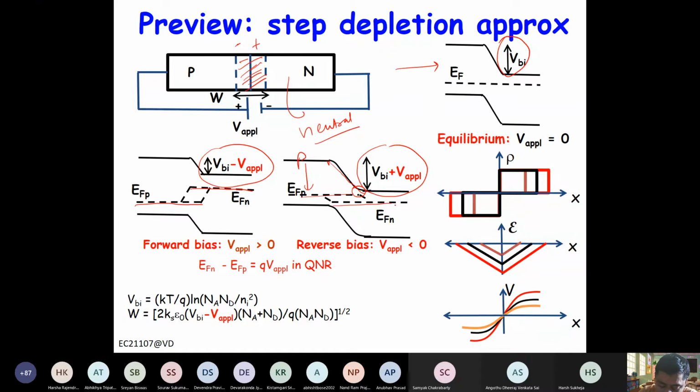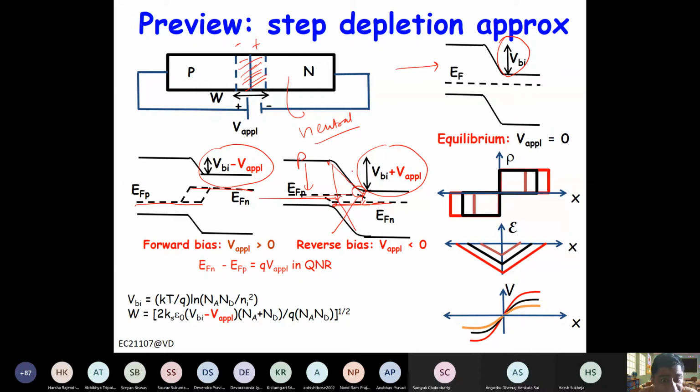What about electron concentration? Here electron concentration is the full n-type concentration, but if you move from here, then you see the gap here. This gap is small, this gap is large, right? So electron concentration decreases here. So this is the transition region where electron concentration and hole concentration decrease.